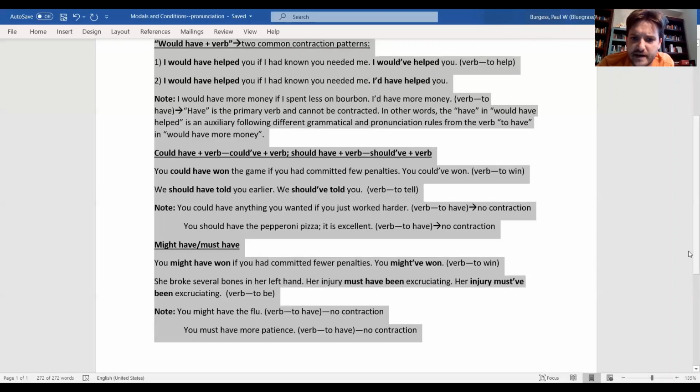Her injury must have been excruciating. Must have been. Again, to be is the verb, not have. We look, though, at the note, you might have the flu. Well, have is the verb. It's the primary verb, not auxiliary, not helping. You must have more patience. You must have more patience. Have is the verb.